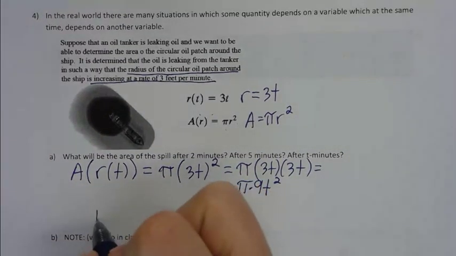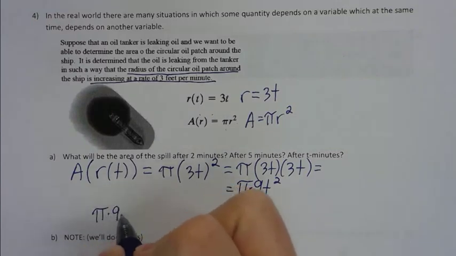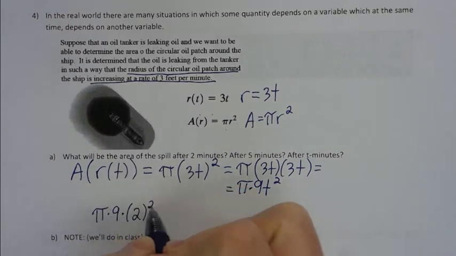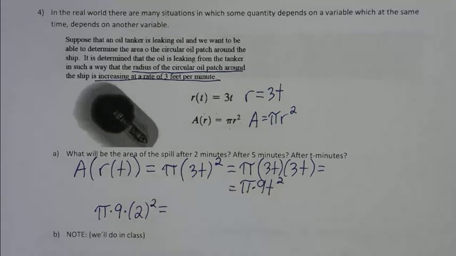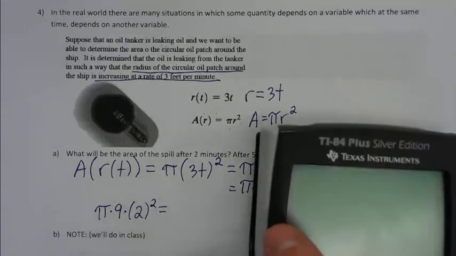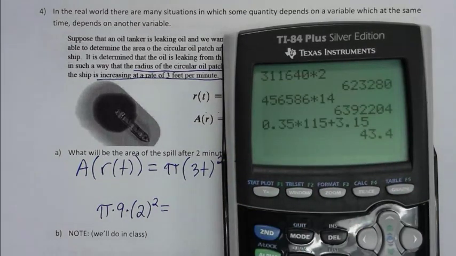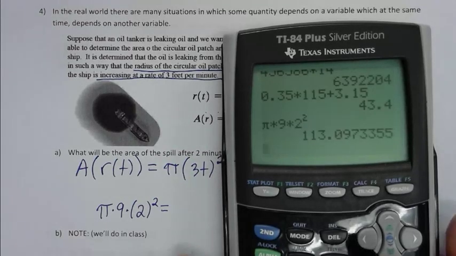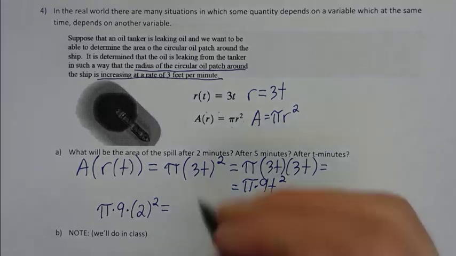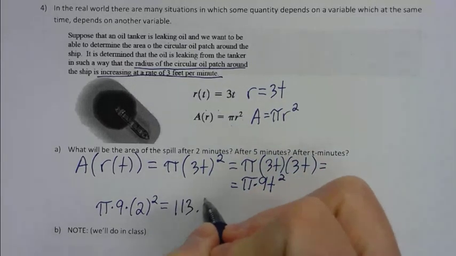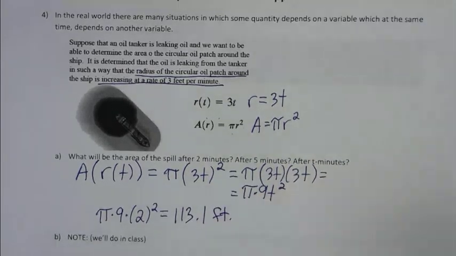So for 2 minutes, we would do pi times 9 times 2 squared. And we can find our answer for that: 113.1 feet after 2 minutes.